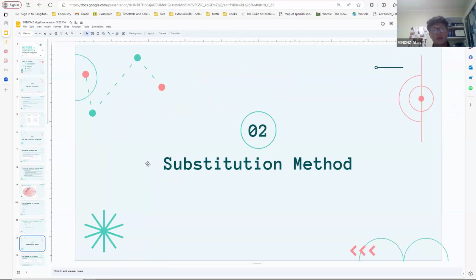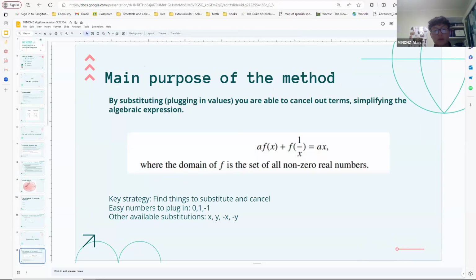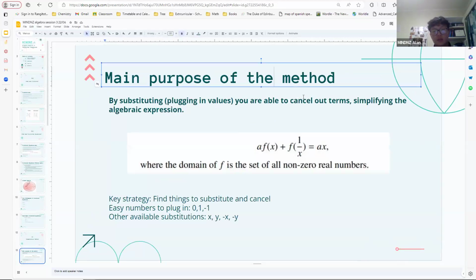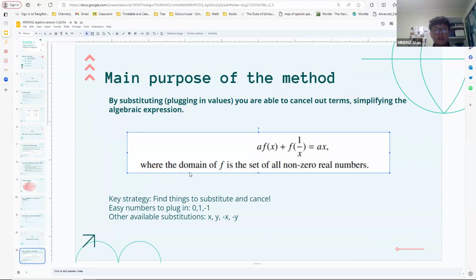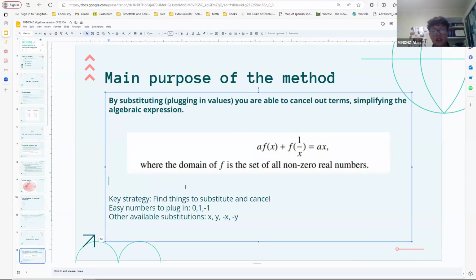So now we'll move on to the first method, the substitution method. The main purpose of the method is to cancel out terms and to simplify the algebraic expression. When you have an algebraic expression such as x squared plus x plus 3, how would you substitute x for a?